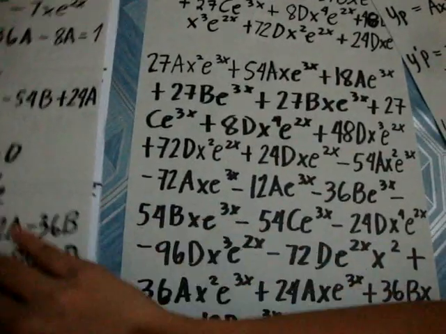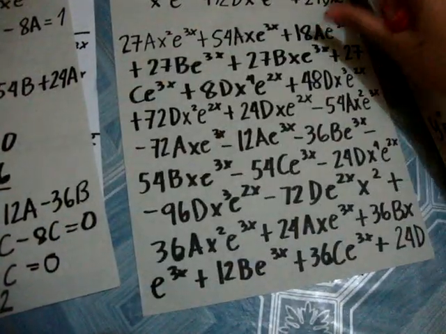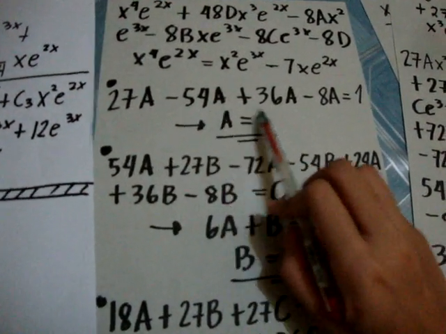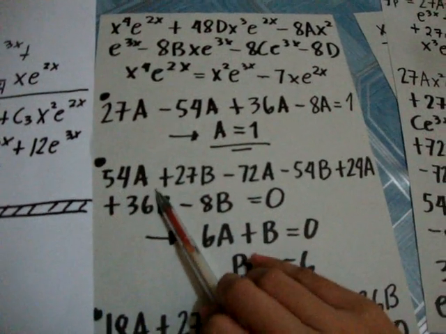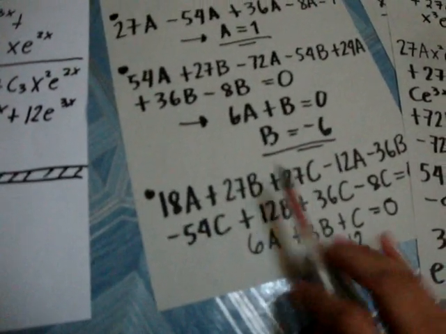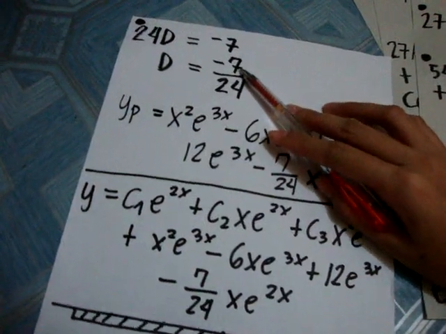After that, we will group like terms, and we obtain these four equations: 27a minus 54a plus 36a minus 8a is equal to 1, and the second equation is this, and the third equation is this, and the fourth equation is this.